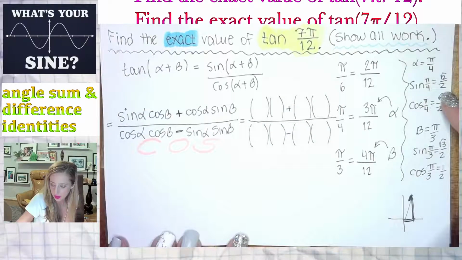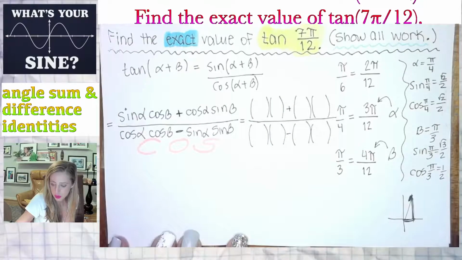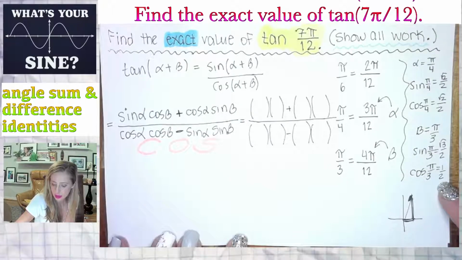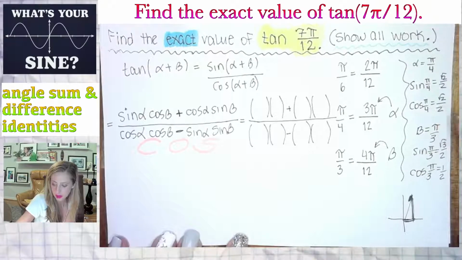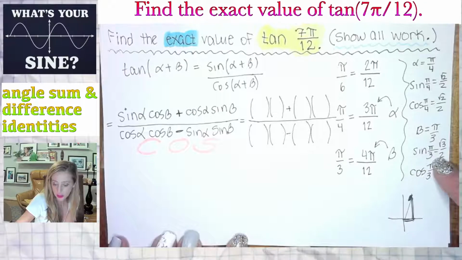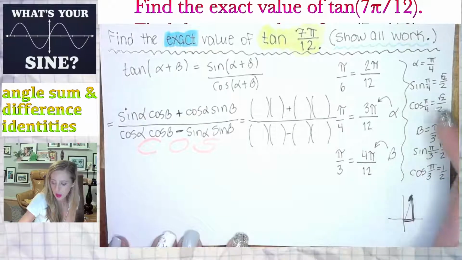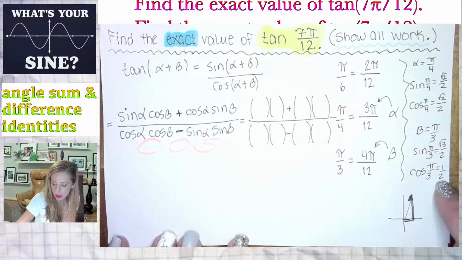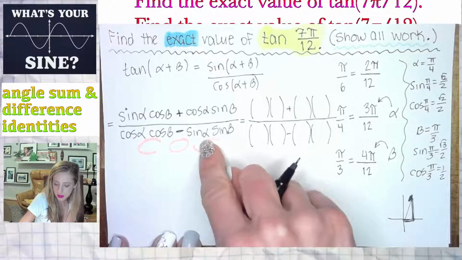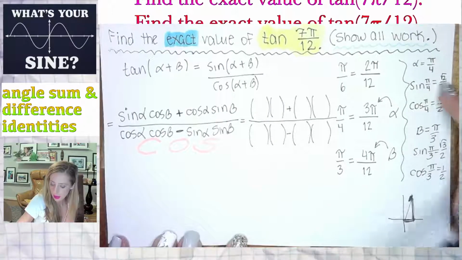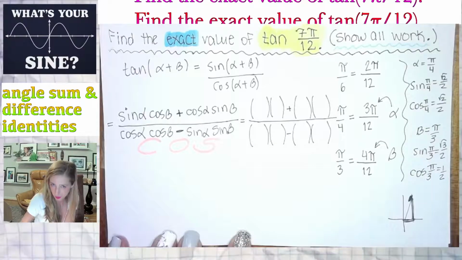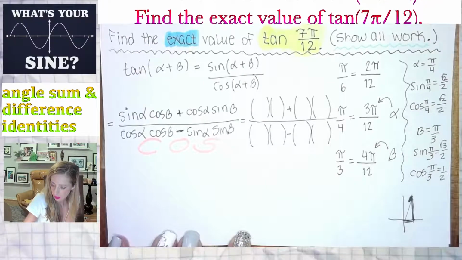So don't write it. Now, filling everything in, right? Sine of alpha, cosine beta, plus cosine alpha, sine beta, over cosine alpha, cosine beta, minus sine alpha, sine beta. Okay? Filling it in.